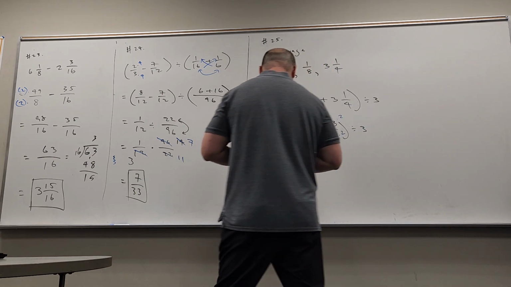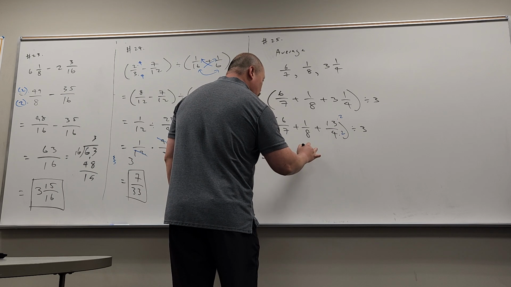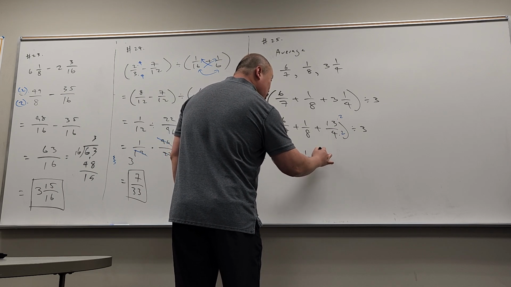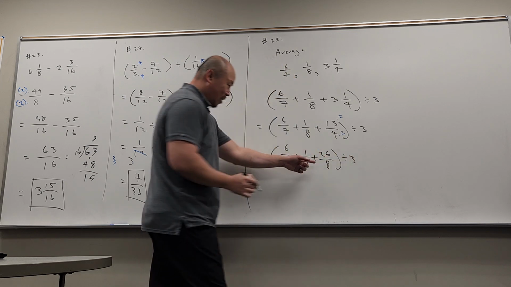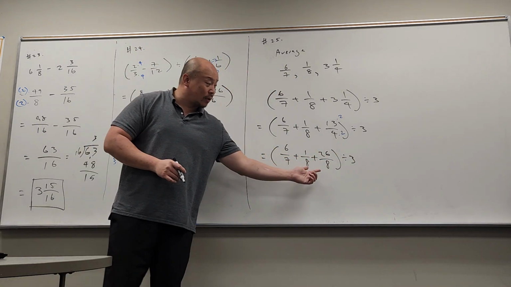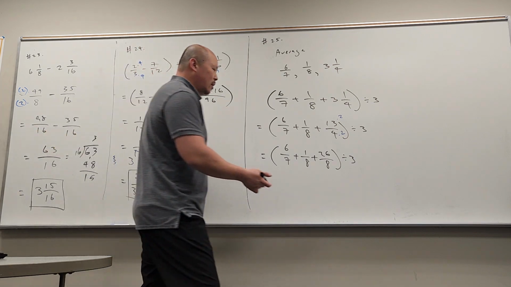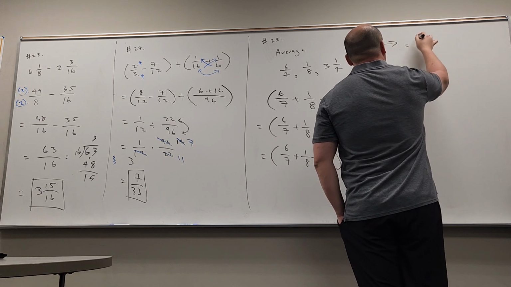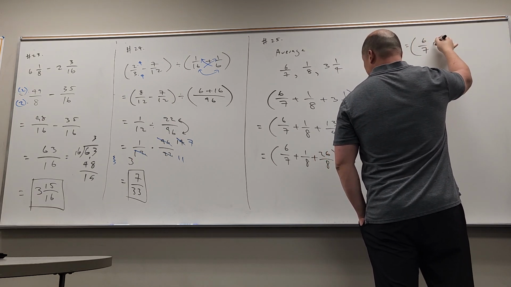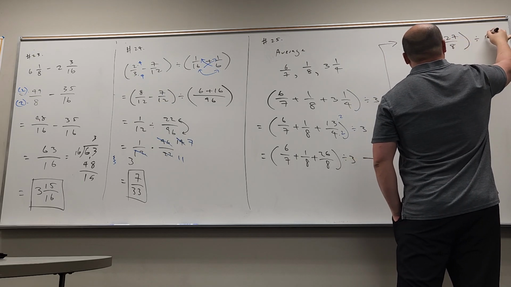So let's see. That's 6 over 7 plus 1 over 8 plus 26 over 8, right? I will deal with these 2 guys first, because they're already the same denominator. That's 27, right? So that's 6 over 7 plus 27 over 8, and divide by 3.